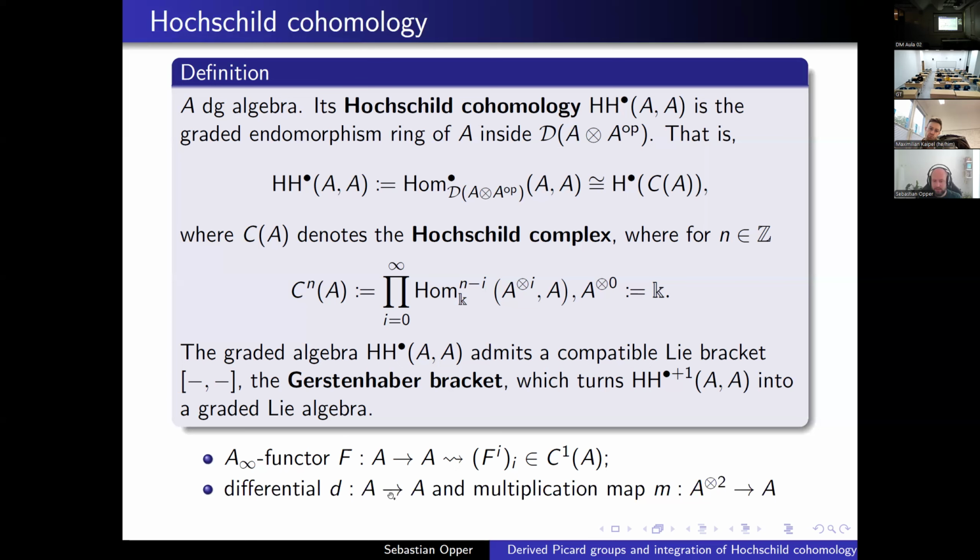The differential is of degree 1, the multiplication map is of degree 0. So if I write mu as the element which consists of the differential in the arity 1 part, and then m in the arity 2 part, and 0 otherwise, this defines an element in C^2 of the Hochschild complex. So both A infinity functors as well as the structure maps of my DG algebra live naturally in this Hochschild complex.